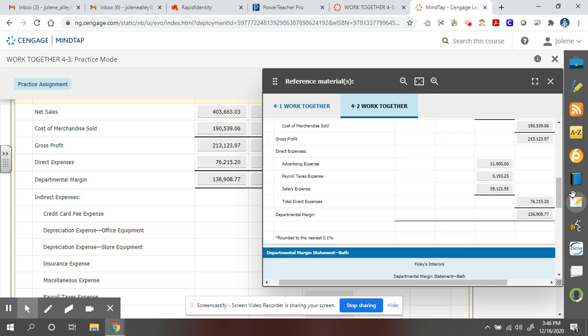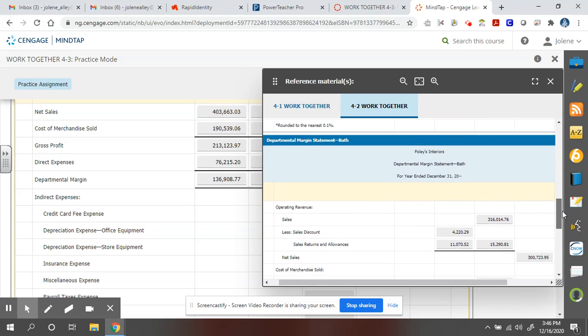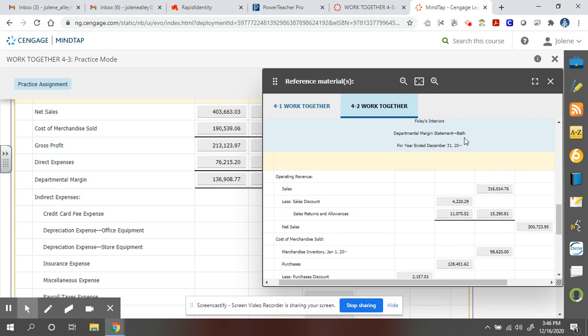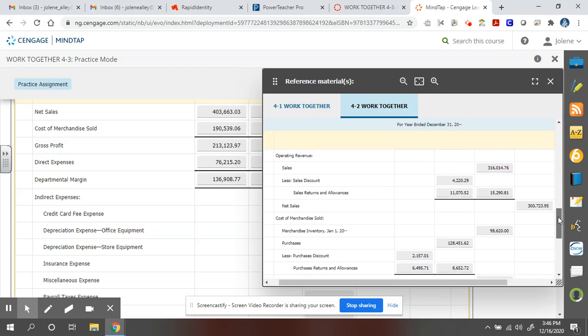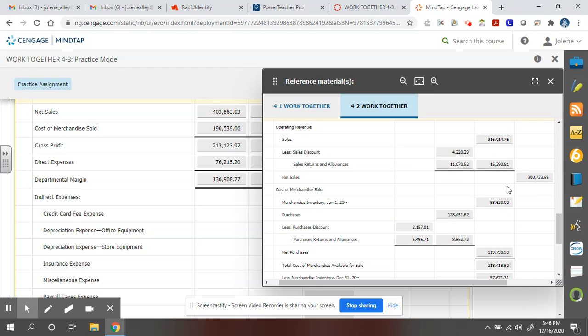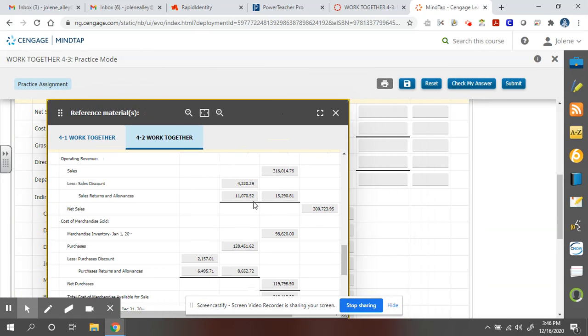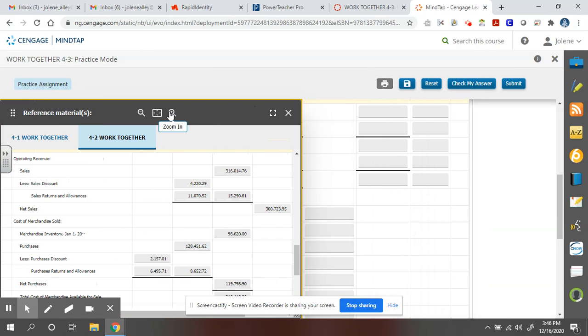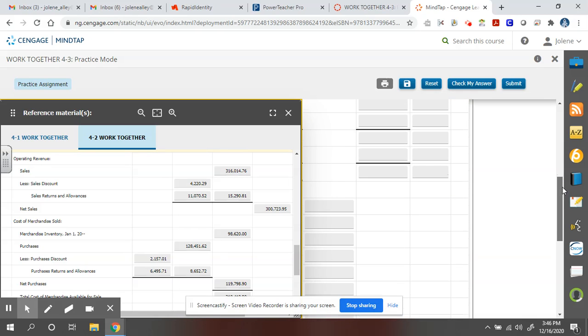So now we go down on this and it says bath. Further down says bath. So now we've got to take this information for bath and put it in this other column. Let's see if we can see it at the same time. It's not cooperating.